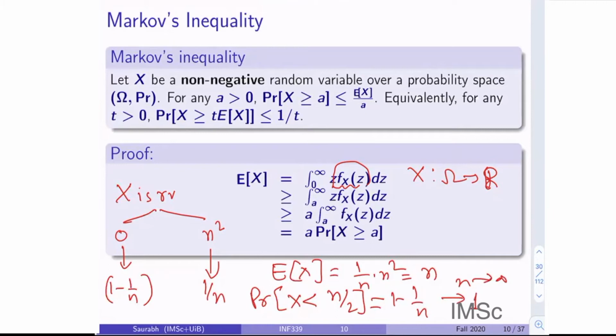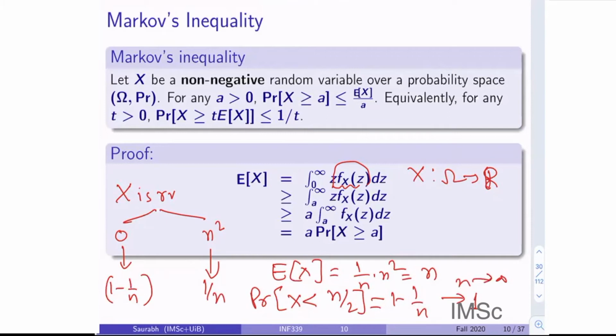Now, what does this tell us? For such a random variable, whatever we get from Markov is tight, right?